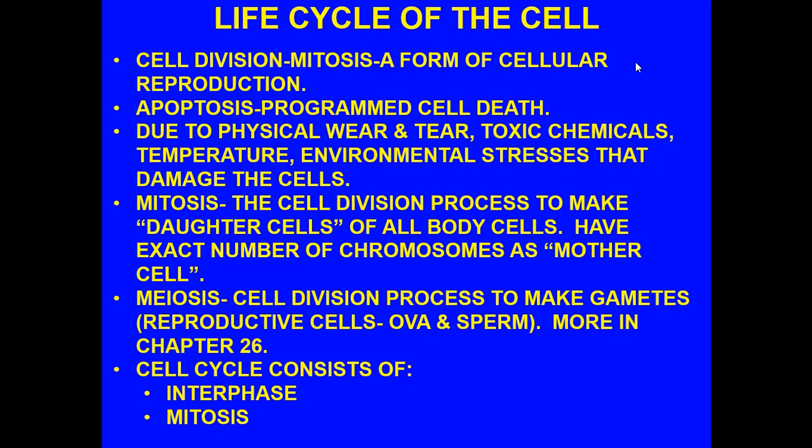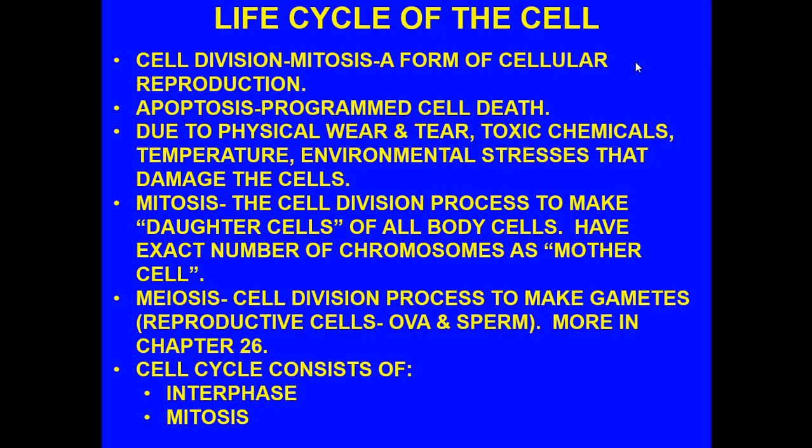Or better yet, how is it that I don't have the cell, like the old B-grade movies, the cheap budget movies of the 1950s, the cell that took over New York City, or the cell that was 50 stories high. You can't have a cell that big. You can't have things that big.